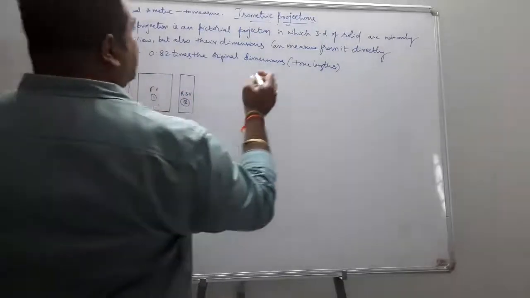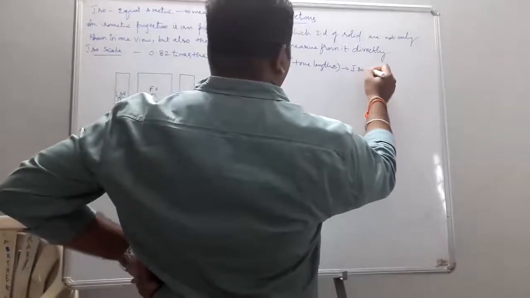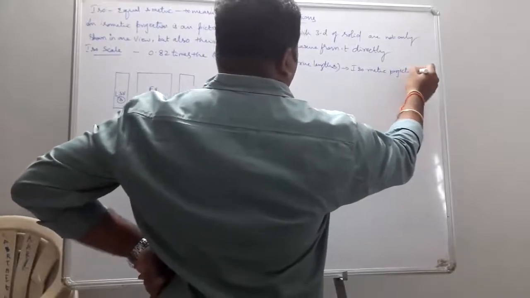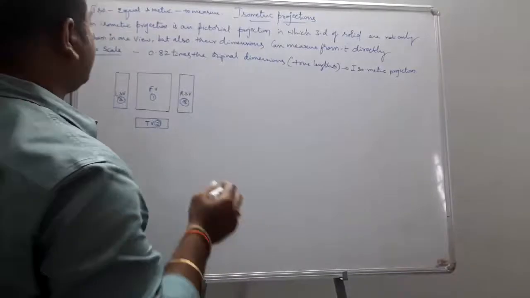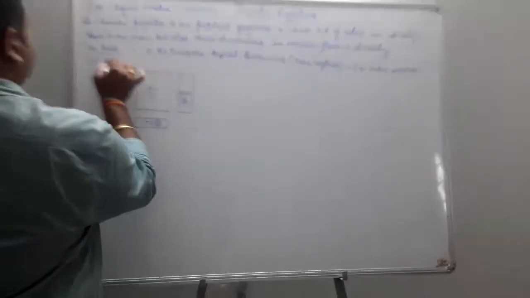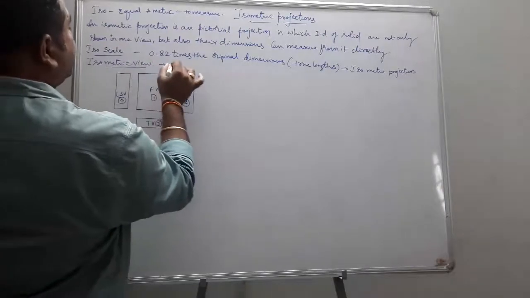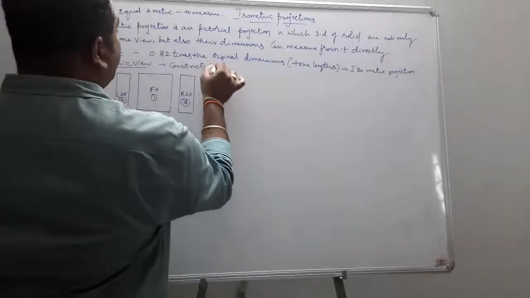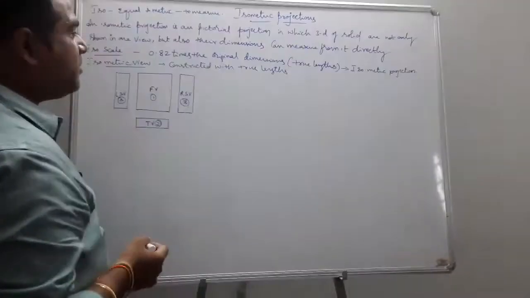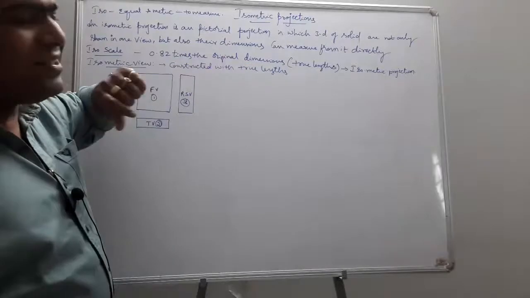Isometric projection and isometric view are different. When you construct with the true lengths, it is your isometric view. If your construction is done with 0.82 times the true lengths, it is isometric projection.